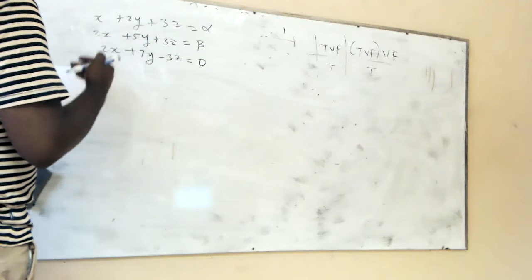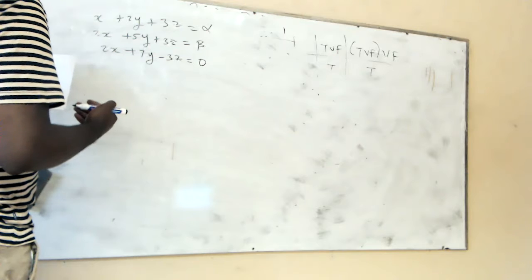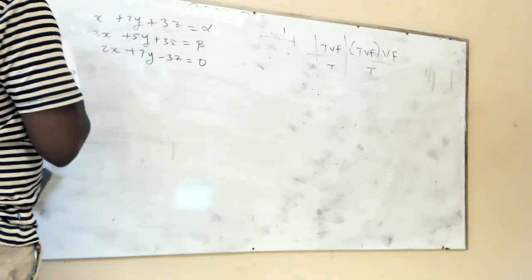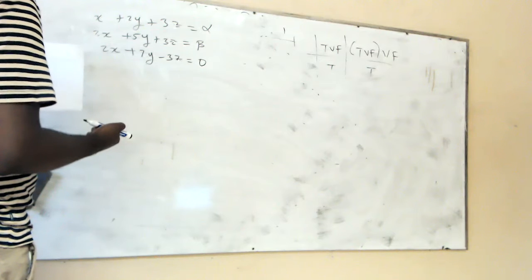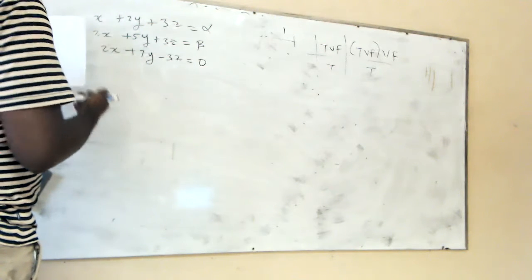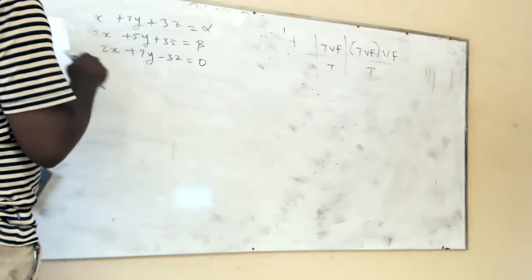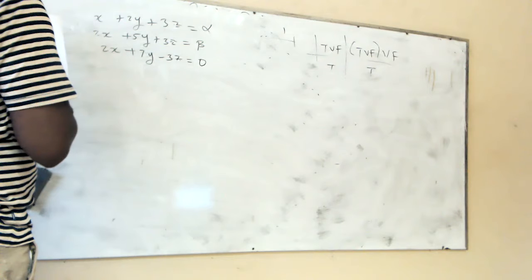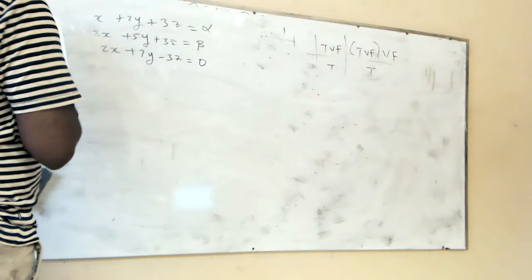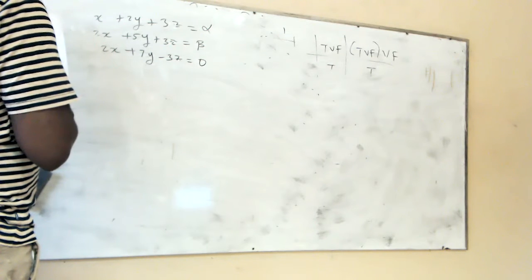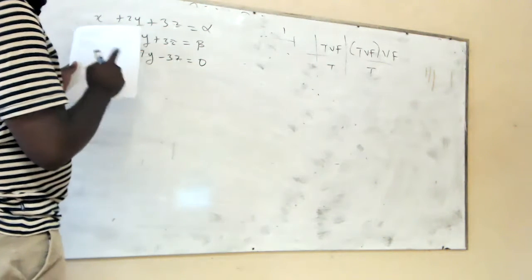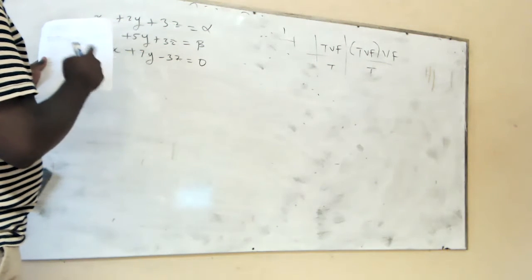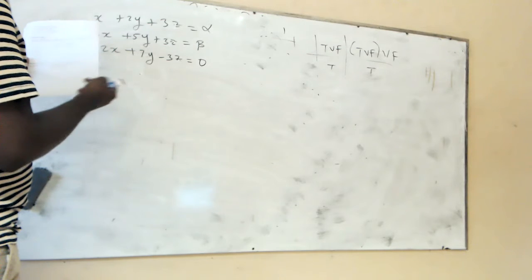So option 3, 4, and 5, they can't be valid because you can see x, y are not a unique solution. Option 3 is not unique, so we're going to have infinitely many solutions. Option 4, the value of y is unique and y is equal to lambda minus beta. So y is unique, but z and x, they are not unique in this case.